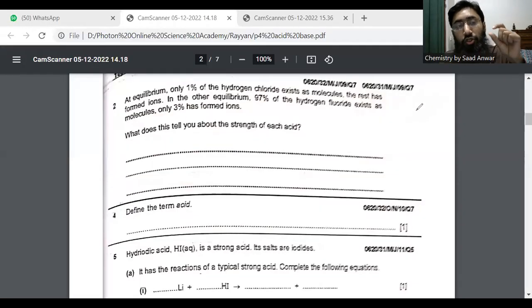Remember, the acid which dissociates completely, or dissociates to a large extent, is considered a strong acid.